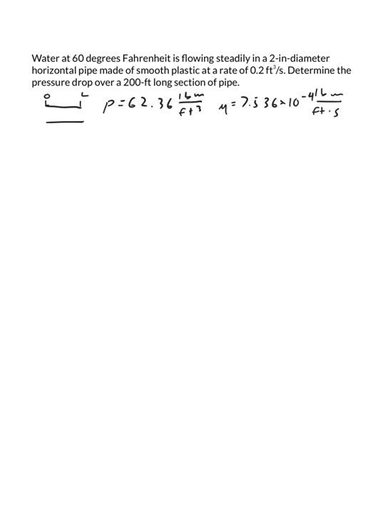Beautiful. We also know that our flow rate Q is 0.2 feet cubed per second, and that L is 200 feet.